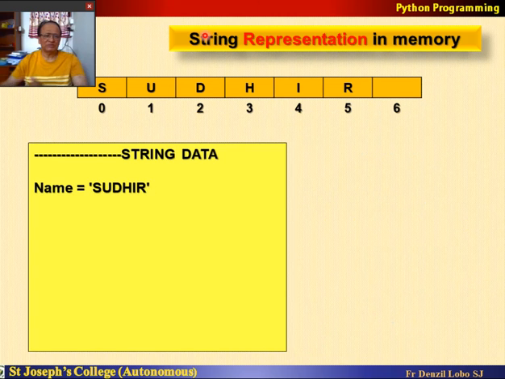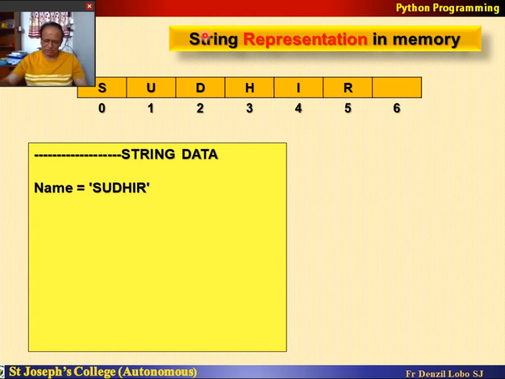Let us see how a string is represented in memory. Those of you who have done C know that when strings are declared as character arrays, you give, for example, name, and within square brackets you have to give 10, 20, 30. So how many characters could be there? Here we don't have to worry about that.